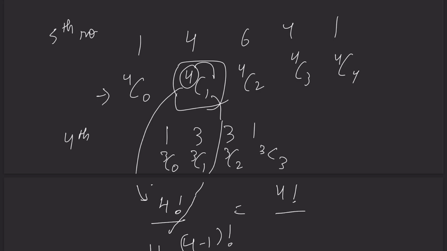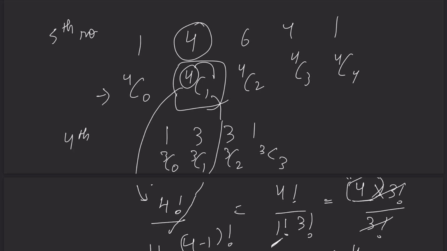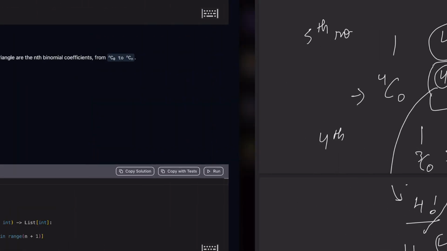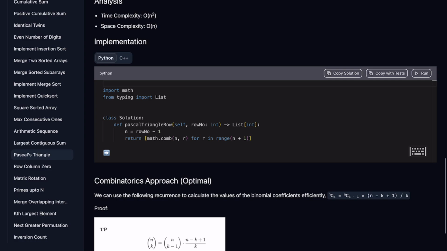So 4 factorial by 1 factorial by 3 factorial becomes 4, because 4 factorial is 4 into 3 factorial, upon 3 factorial; 1 factorial is 1, so this gets cancelled and we get 4. So if we just calculate these combination values, we have the Pascal triangle rule. So this is what we are doing in the solution.